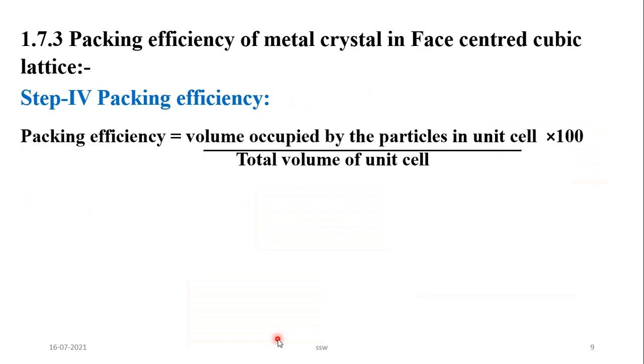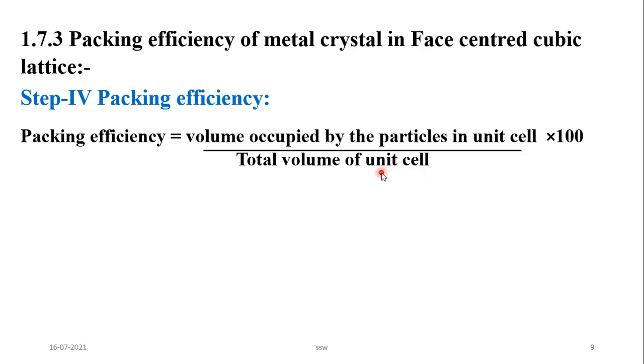Now from this we can calculate the packing efficiency. So packing efficiency, in percentage, is equal to the volume occupied by the particles in the unit cell divided by the total volume of the unit cell.